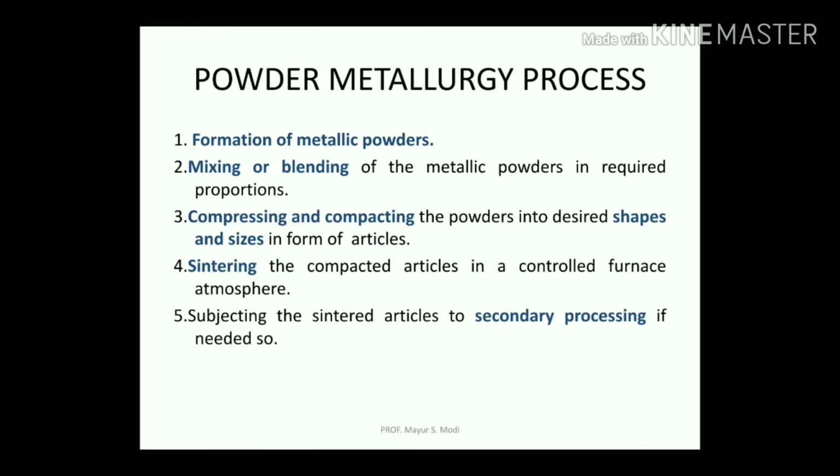So if you control all the processes of formation of the metallic powder, mixing, blending, proper compacting and sintering, there is no need to perform the secondary operation. So you may save your money.